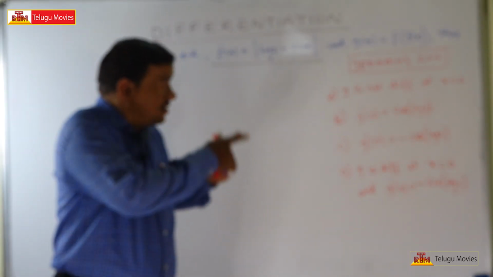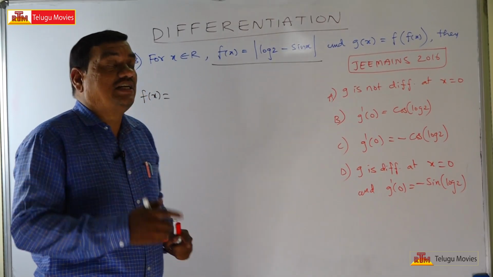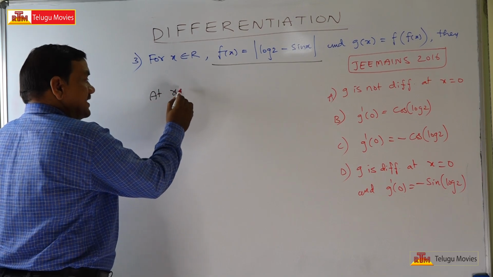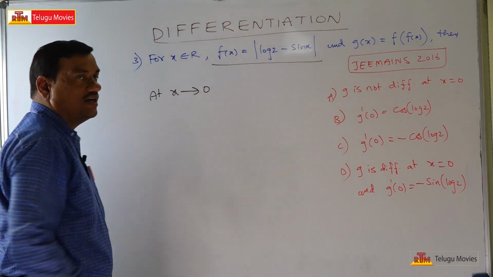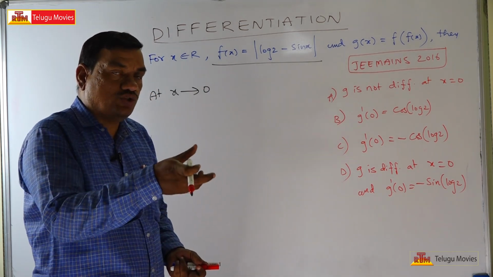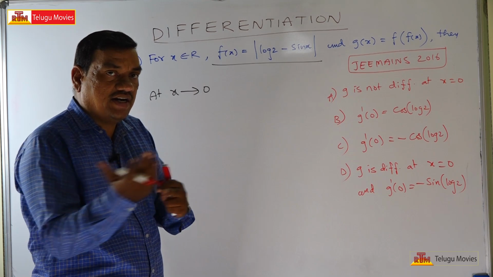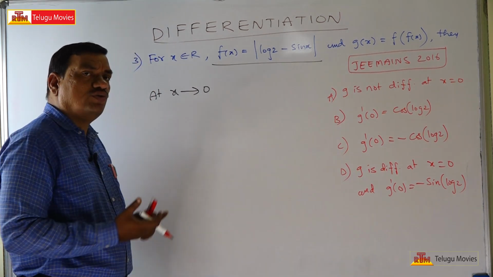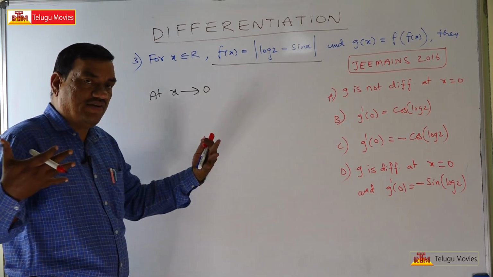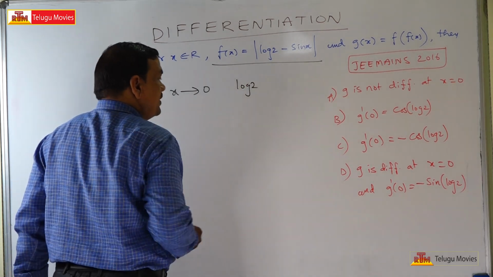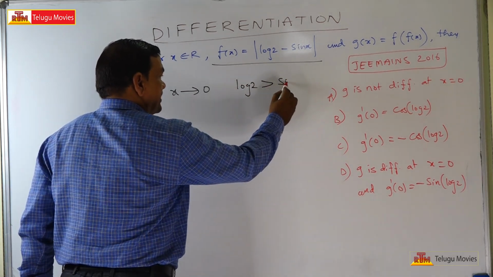So you have to take the options into consideration also. To check the differentiability of the function at x is equal to 0, the left hand side derivative and right hand side derivative both should be equal. As x value approaches 0, in both directions, from left hand side and right hand side, log 2 value is greater than sin x.